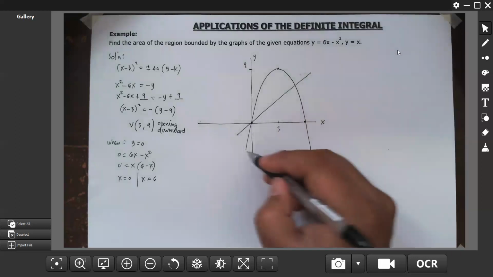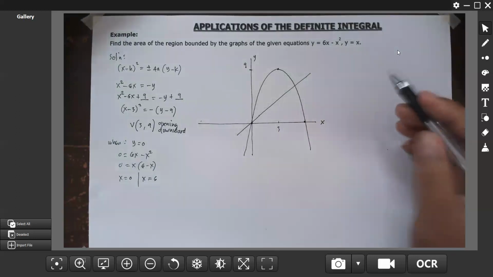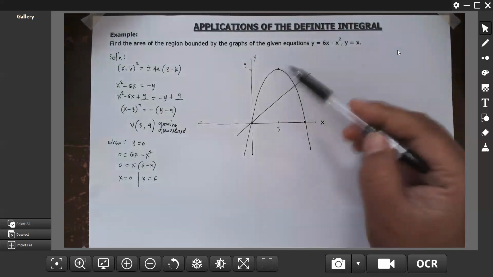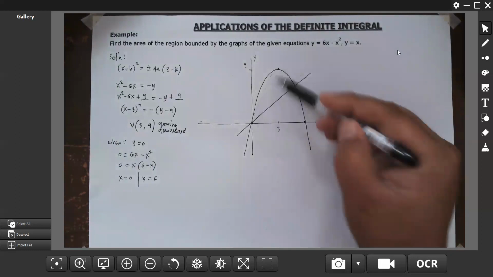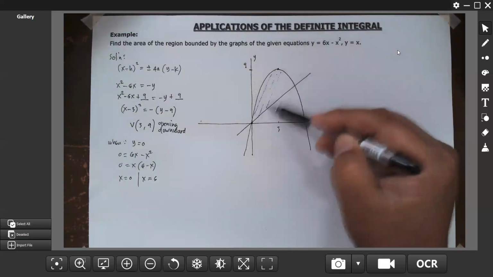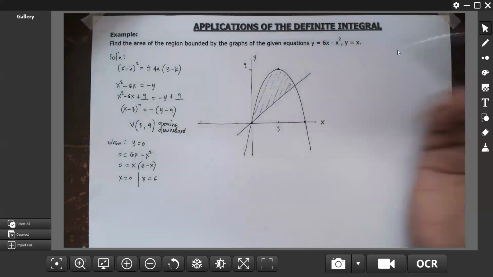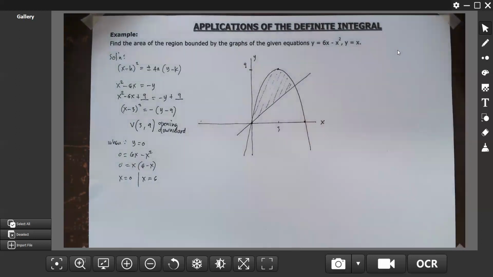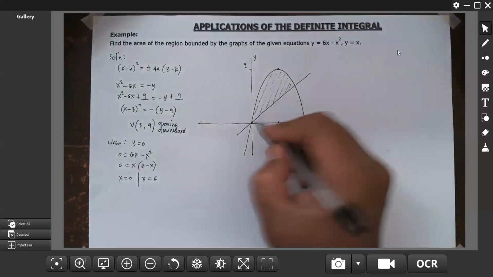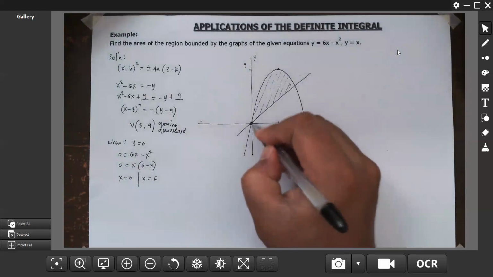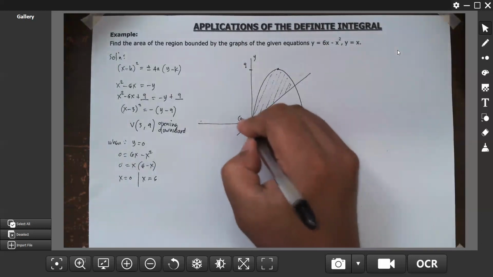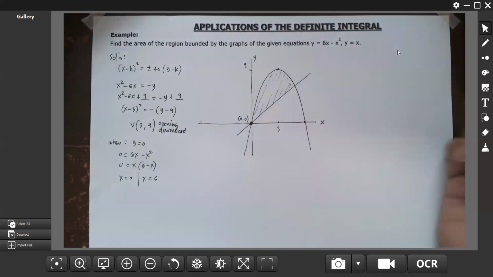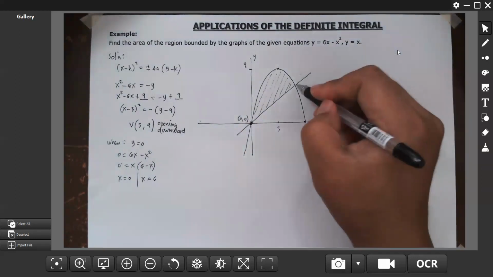Therefore, the bounded region is this. Now, for sure, this is our one point of intersection, the origin 0, 0. And the other point is this.